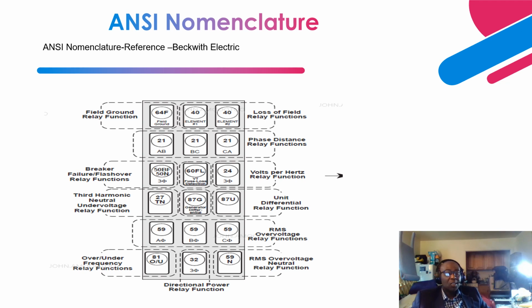Next is ANSI device 24, and that's volts per hertz, right? If a protective relay engineer says ANSI device 24, definitely, I know it's a volts per hertz relay. What this relay does is determine an overexcitation condition. And how does an overexcitation condition occur?